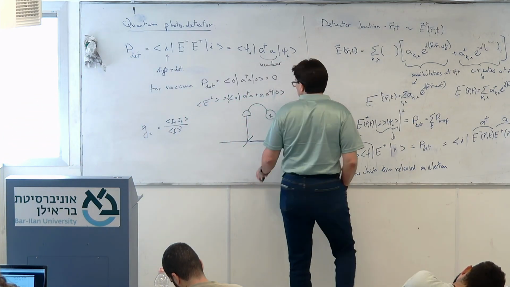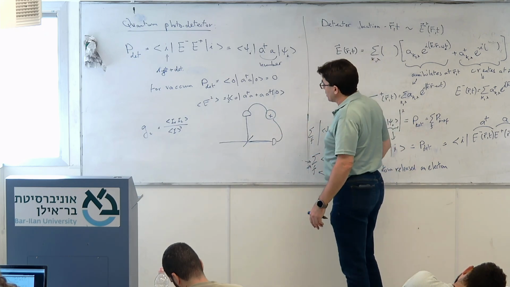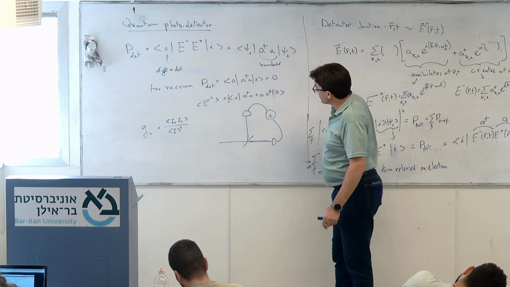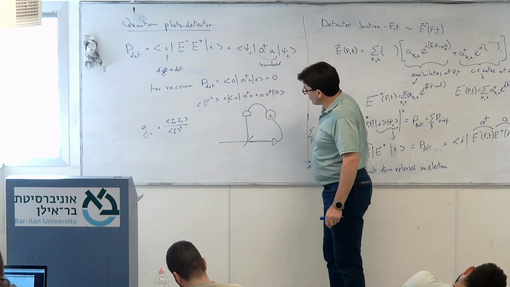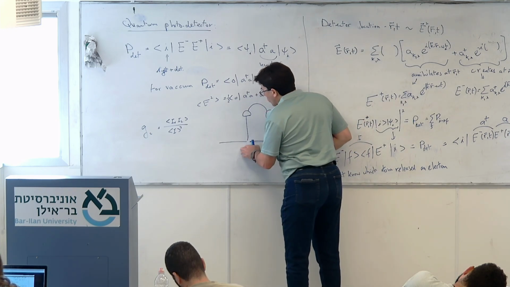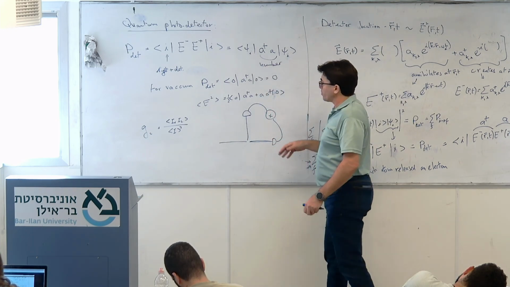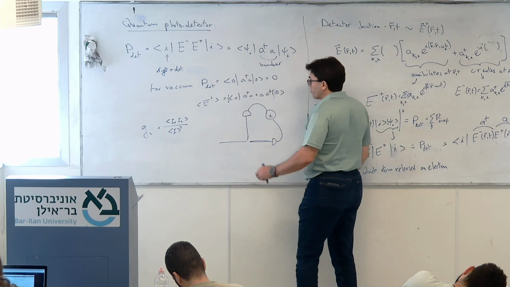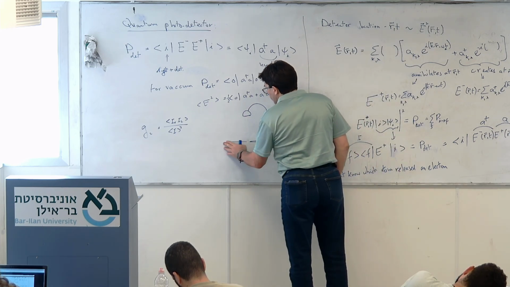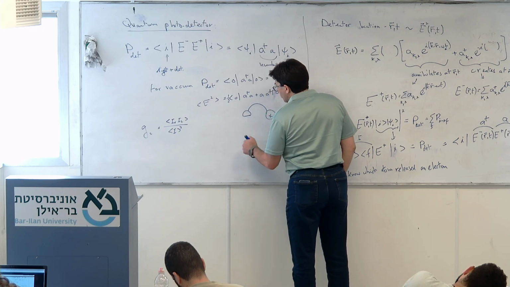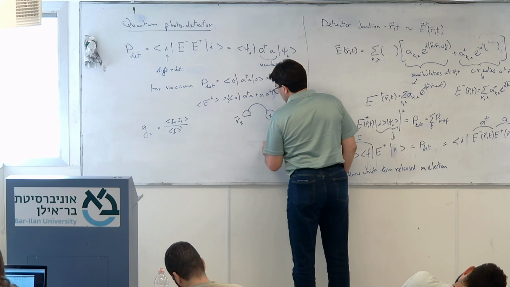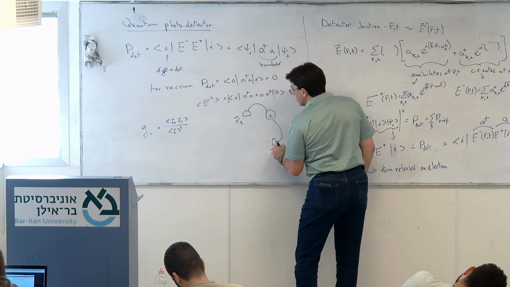Okay, you know what, let's not have the beam splitter yet, because we haven't discussed it and we don't have enough time to complete the discussion of that. So I have here a detector sitting at R1, and a detector sitting at R2.